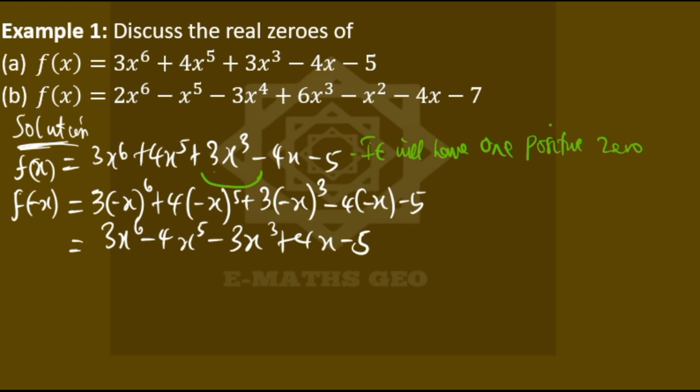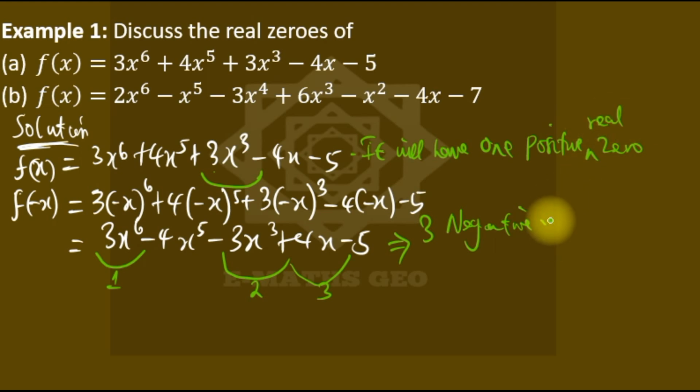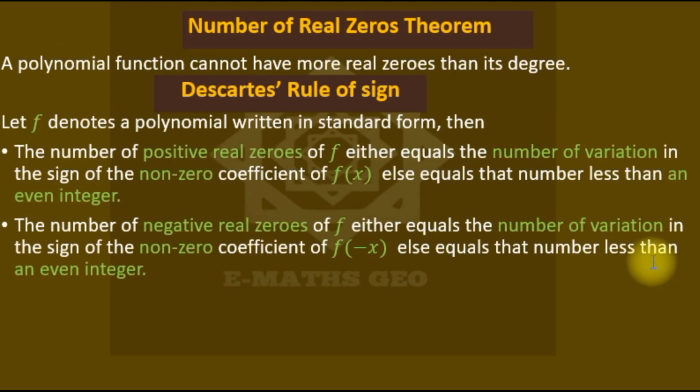How many variations of sign? Let's count. We have 1, 2, and 3. So we have 3 negative real zeros. Remember, they said here, or less than it by an even integer.